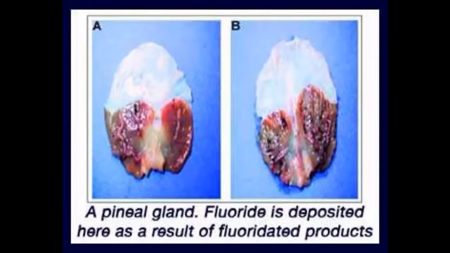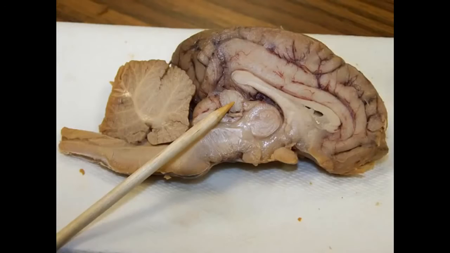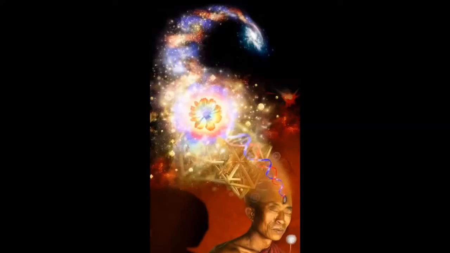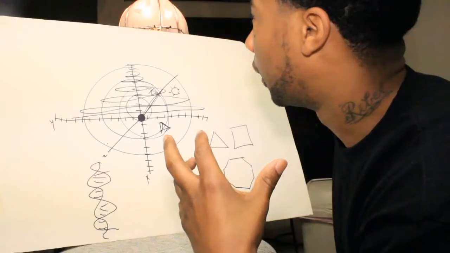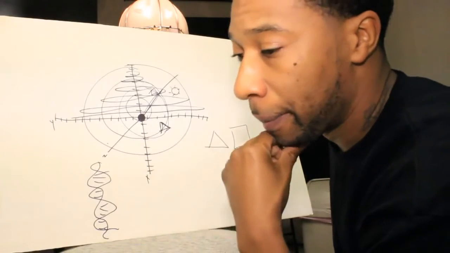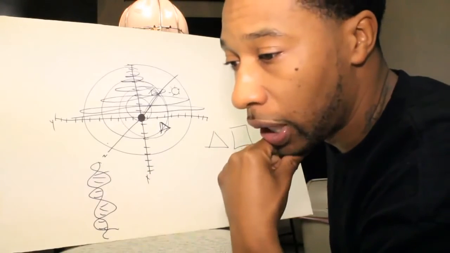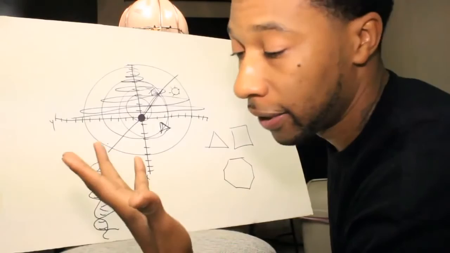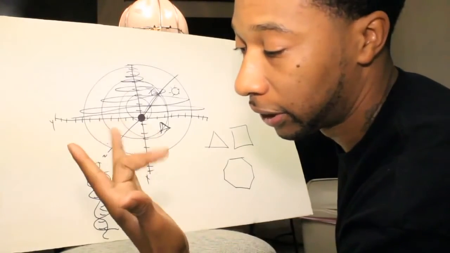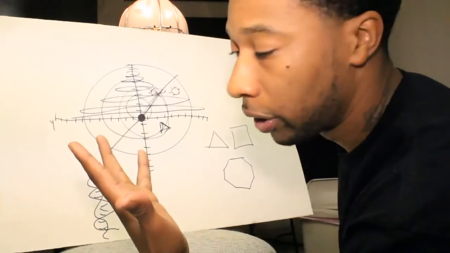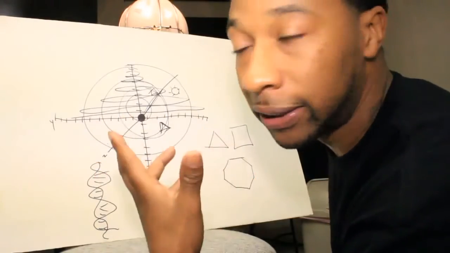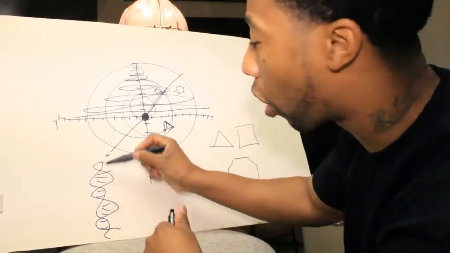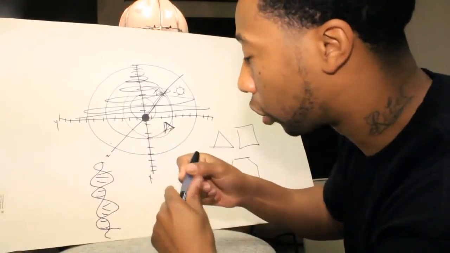So if you're wondering why your pineal is calcified and why you can't absorb this type of knowledge and why you can't astral travel or use your five senses correctly, sight, hearing, touch, taste, smell, and use your other abilities, psychic abilities, it's because your DNA codes are messed up.